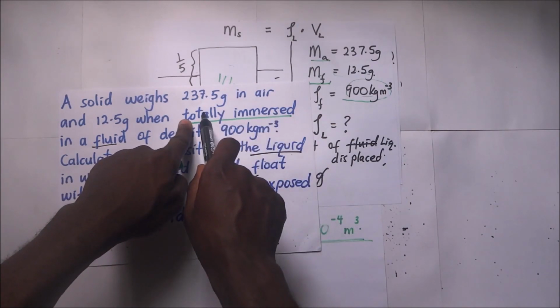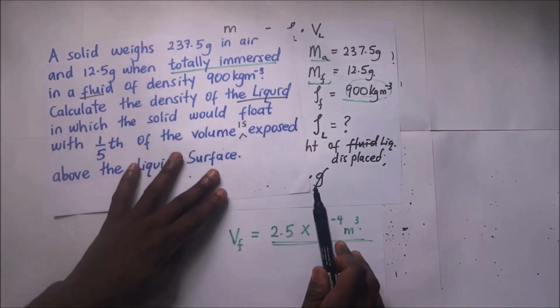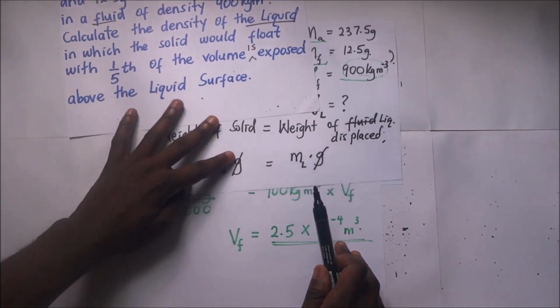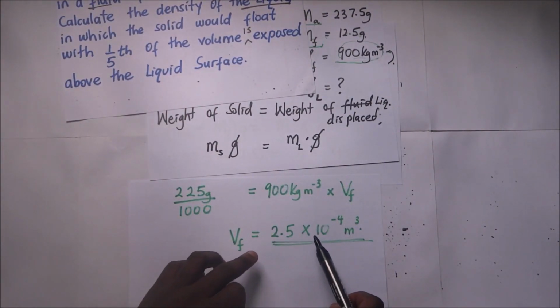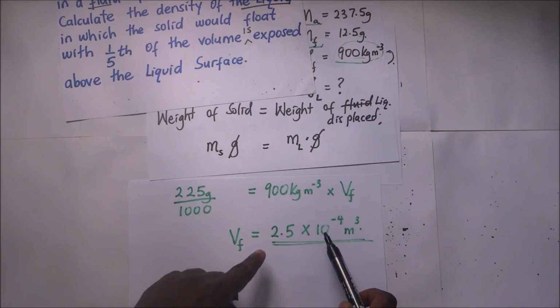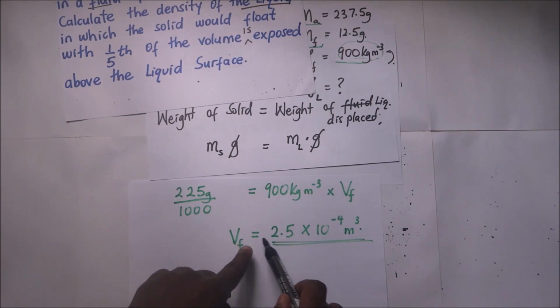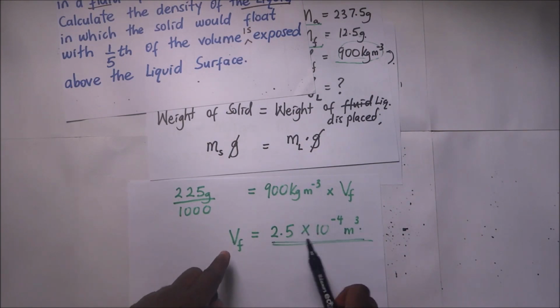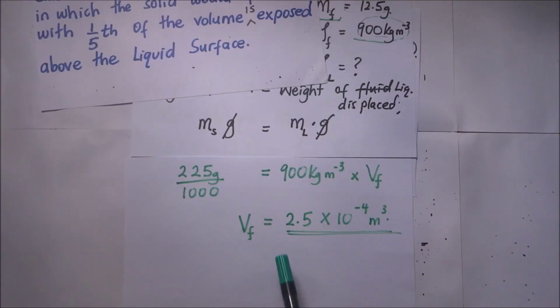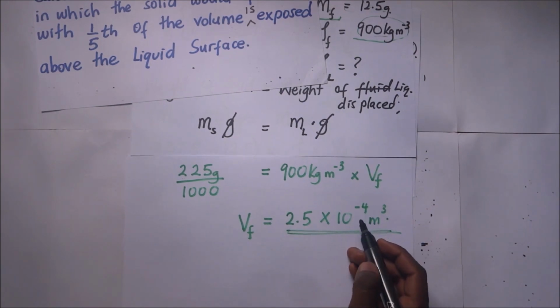So if it had been totally immersed, and our calculations here say we have discovered that this is the volume of the liquid that had been displaced, it only means that the volume of the fluid that had been displaced is equivalent to the volume of the solid. So this means that this 2.5 times 10 to the power negative 4 meters cubed is the same as the volume of the solid.